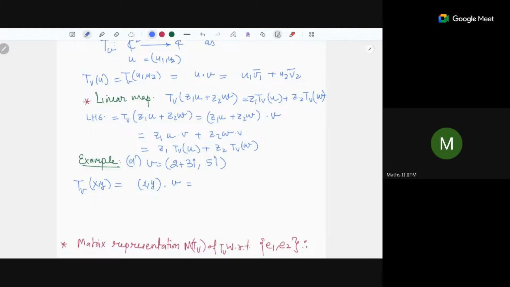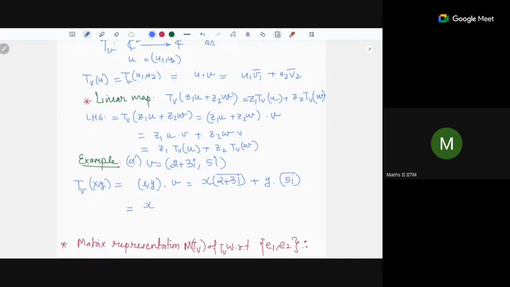So look at this definition. This is the dot product only. So x times the conjugate of 2 + 3i, plus y times the conjugate of 5i.